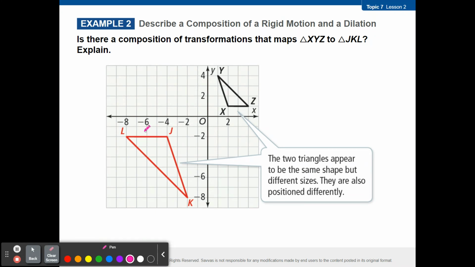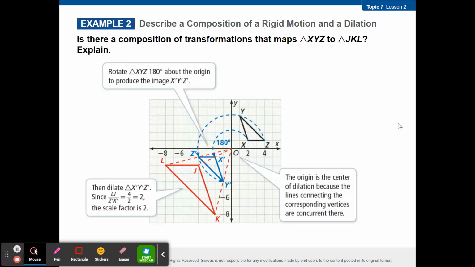What's that scale factor going to be? Good. 2. Nice job. So here is what's happening. There's our rotation, and then there's our dilation. So if we wrote this out, it would look like this. Okay?